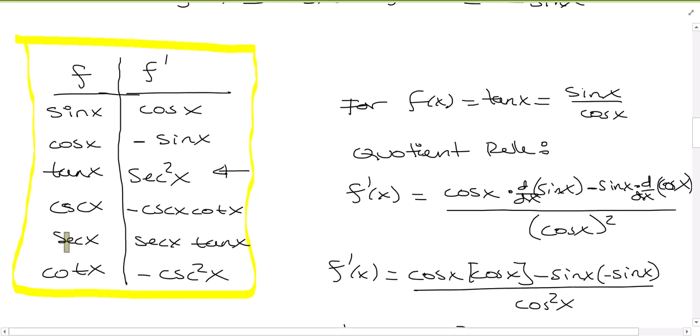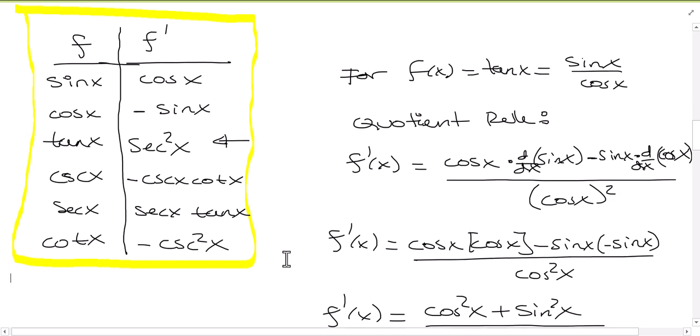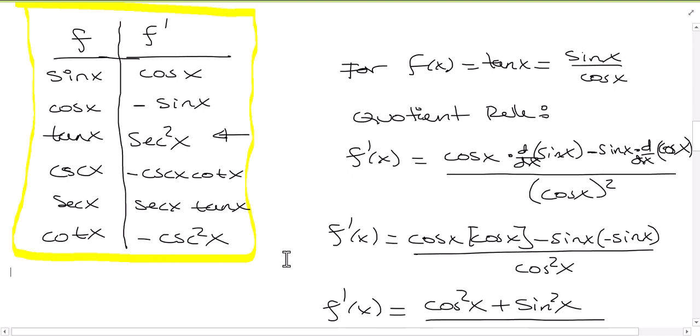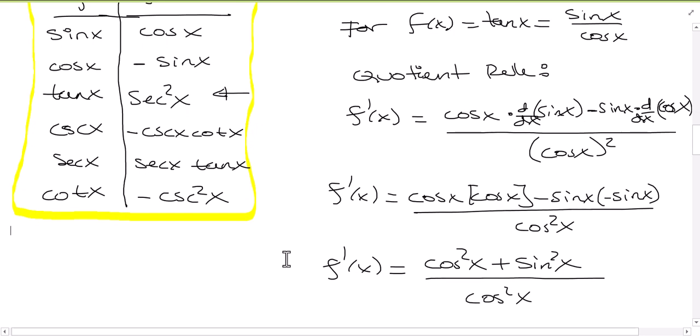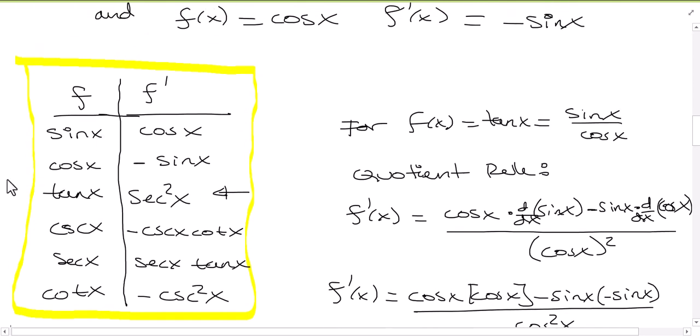Maybe secant x more than the other ones, but definitely sine, cosine, tangent, and then secant, and then the other ones sporadically. You should definitely memorize all of them though. And like I said, we use them so much that it will happen naturally, but as you just start to use them, you want to have this handy so that you know what they are, especially the ones with the negatives.